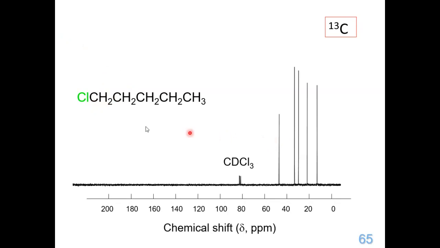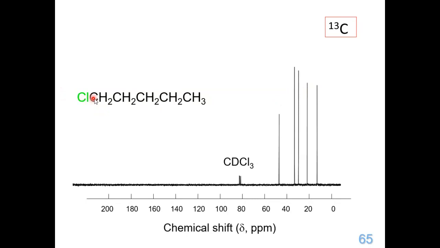This carbon gives you this peak, this carbon gives you this peak, and this carbon gives you this peak, and this carbon gives you this peak, and this carbon gives you this peak. So you can directly see the subtle difference because of the different distance to the inductive electron withdrawing chlorine atom. So you can see all the different carbons.